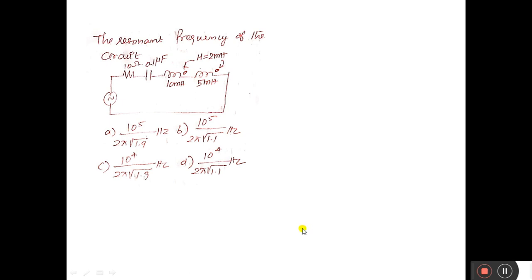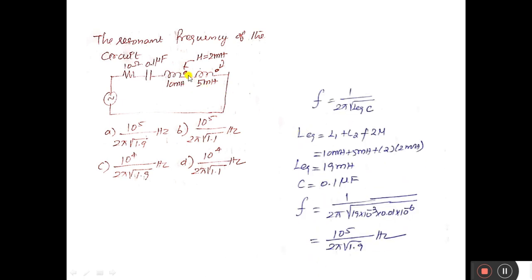Similarly, in this problem, for the resonance frequency of the circuit, the resistor and capacitance values are given, and inductance is also given. The dot is given at the end. Whether it is in front or at the end, then you put plus. If one dot is in front position and one is at the end, then you put minus. So accordingly, this is a series connection only. So L1 plus L2 plus 2M.